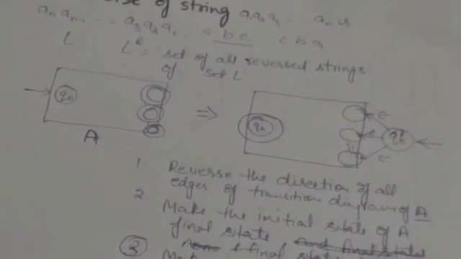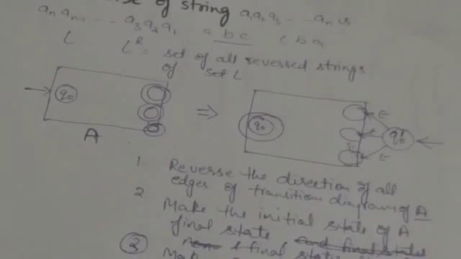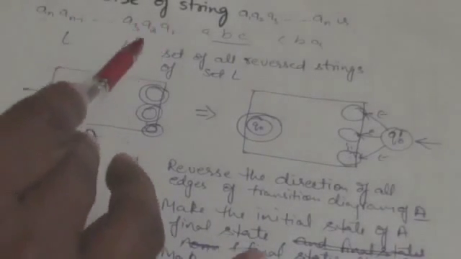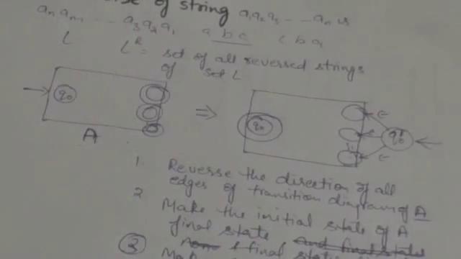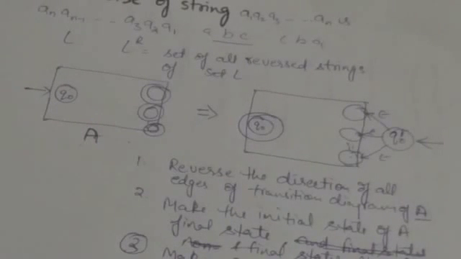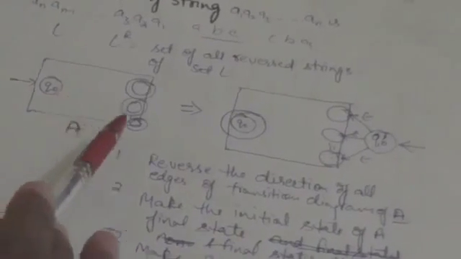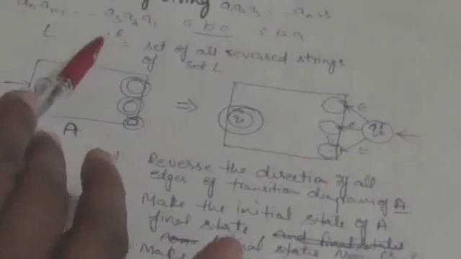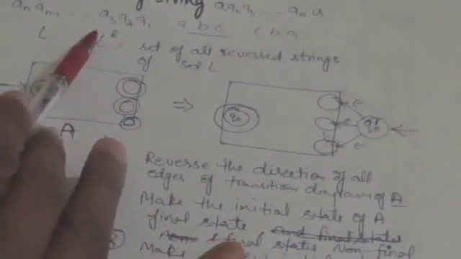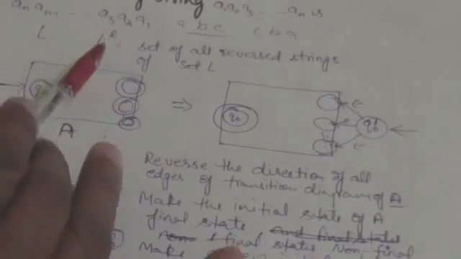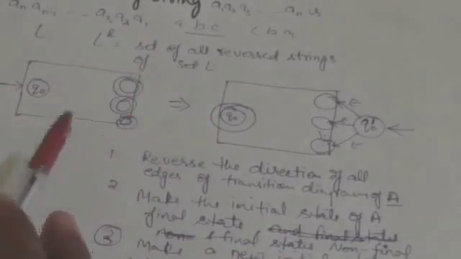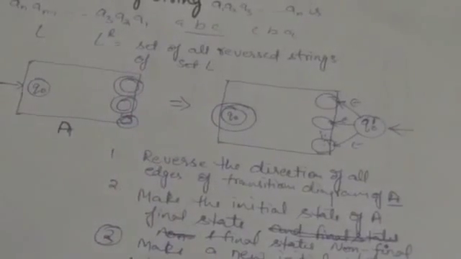Now we have to prove that LR is also a regular language. It means there should be some finite automata which will accept the strings of this set LR. Now suppose this automata A accepts the strings of language L. Now we can design an automata for set LR from this automata A. What we have to do?